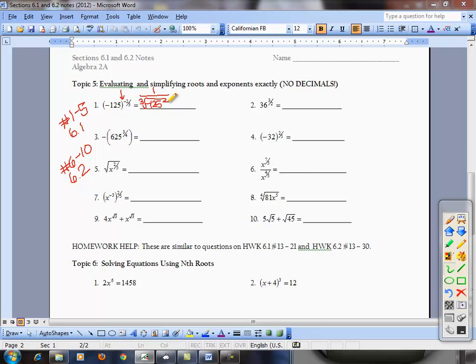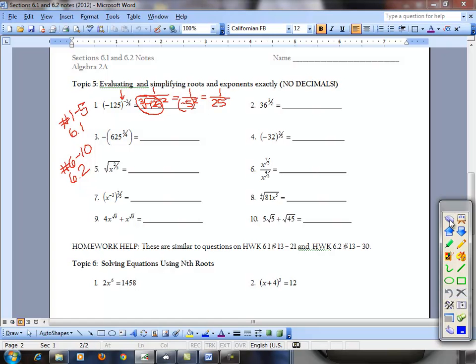And the answer is to cube root, because I'm asking what cubed gets me 125. And here's what ends up happening. The cube root of negative 125 is negative 5, and we're going to take that answer and we're going to square it. So what you end up getting is an answer of 1 over 25.